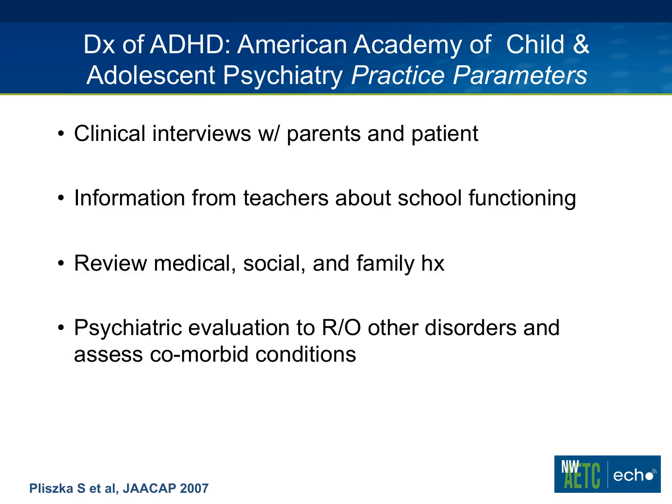According to the American Academy of Child and Adolescent Psychiatry, in order to diagnose ADHD, the psychiatrist should have clinical interviews with the parents as well as the patient, and information from teachers about school functioning. They have to review medical, social, family history, and also do a thorough evaluation to rule out other disorders and comorbid conditions.